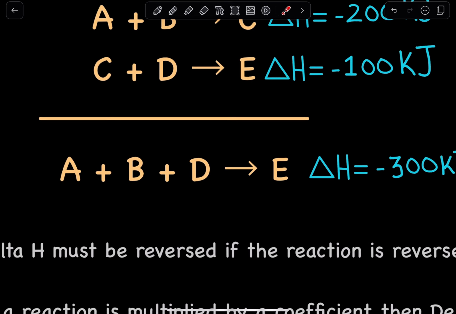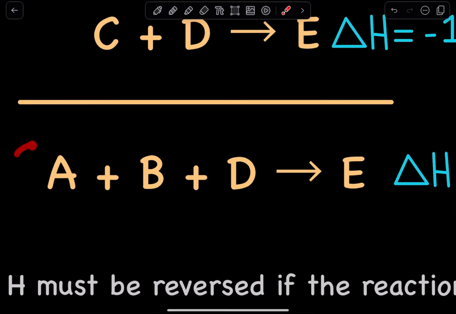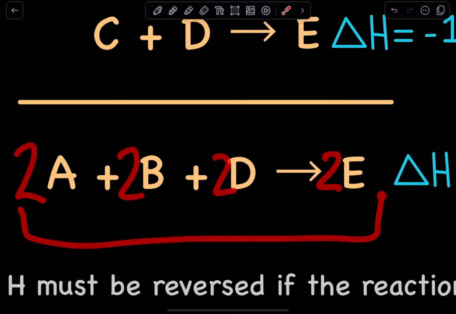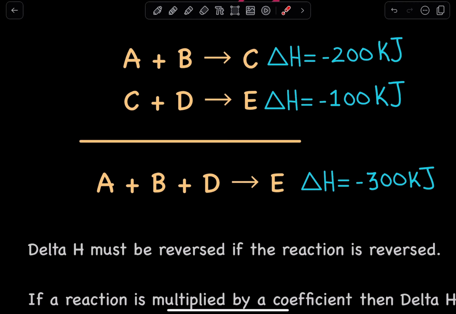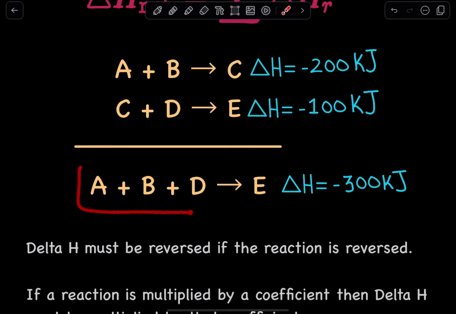So if I multiplied this equation by 2, I would get a 2 here, a 2, a 2, a 2. So the molar ratios all doubled. If I multiply my equation by a coefficient, I must multiply my enthalpy value by that coefficient as well. In this case, I was multiplying by 2, so I would have negative 600 kilojoules as my new enthalpy.